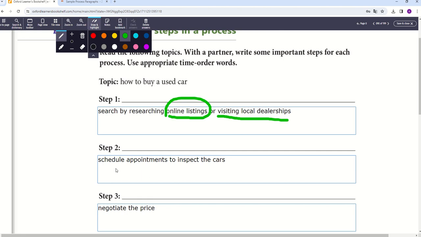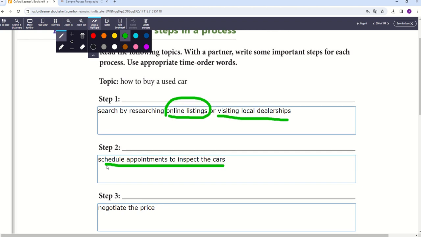And next one, schedule an appointment. After I get the shop from my list, I make an appointment to take a look at the real car. So that is the second step, to schedule appointments to inspect the cars.